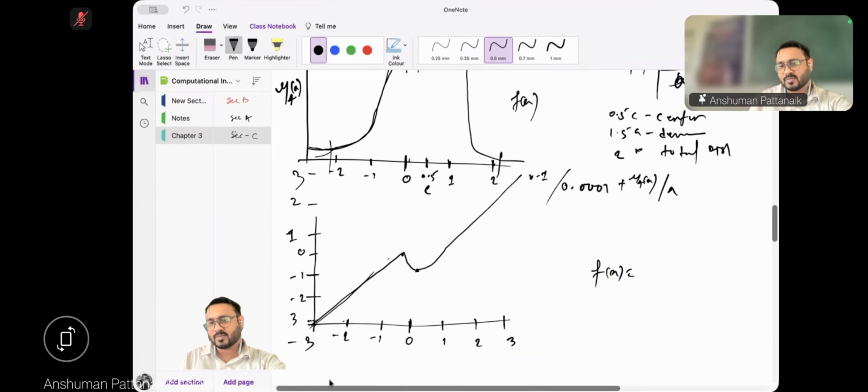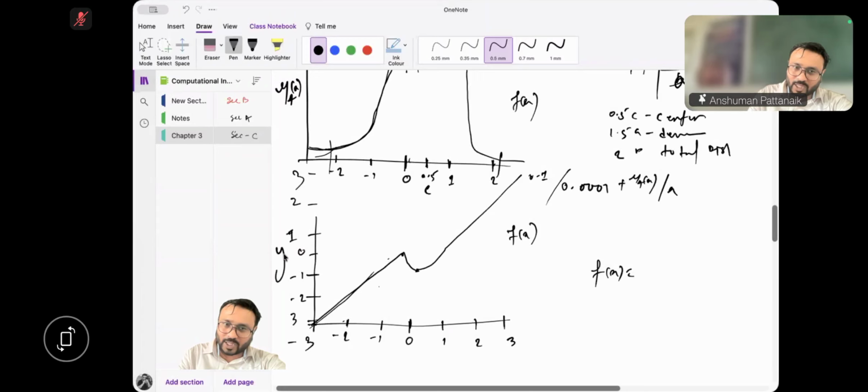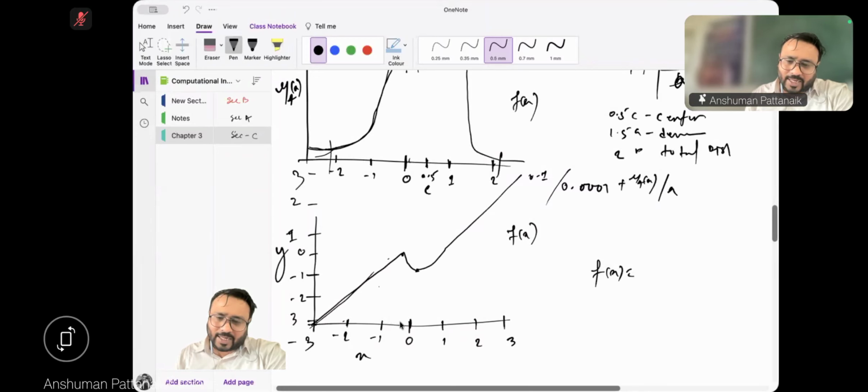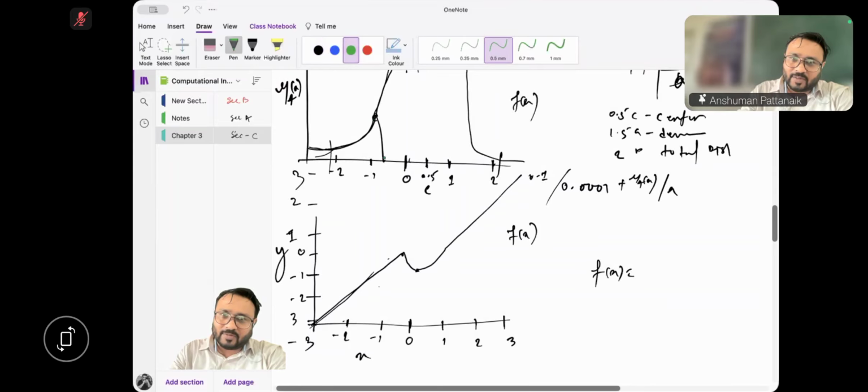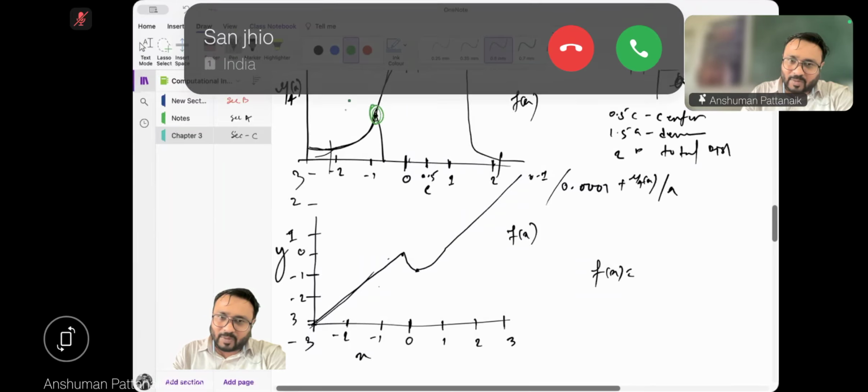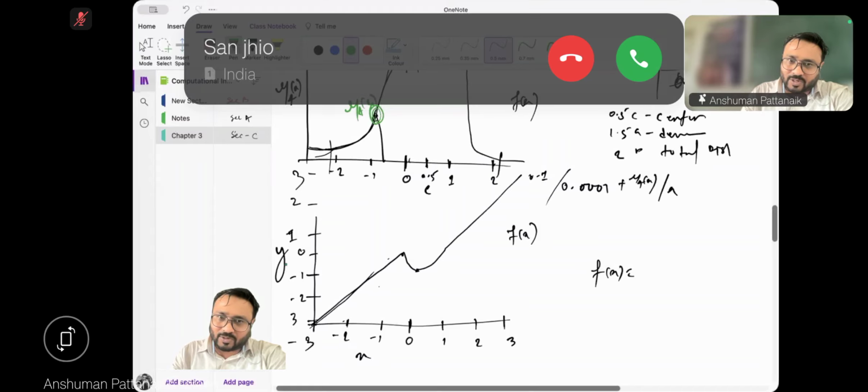Yes, sir. So what exactly my point is, from this diagram, this is f of x. From the f of x graph, if I know the x value for which I am finding the membership function, I can get the y value. This is y, this is x. Let's take any value of x. You will find the membership grade here. For any value of x, you will find a membership value, mu of A of x, out here.